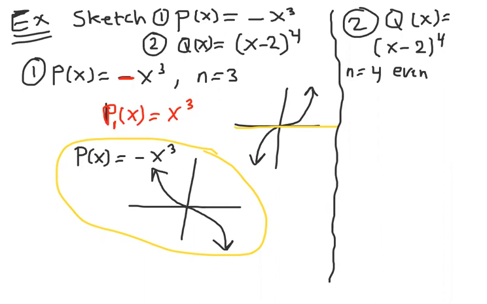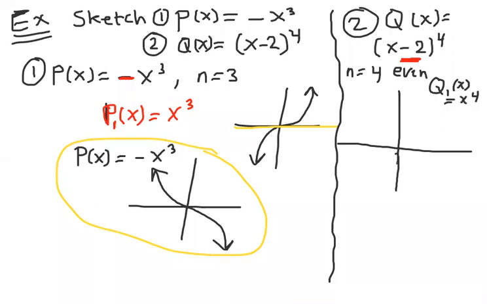So here it will look like a cup, but because we have minus 2 inside, we have to shift it 2 units to the right, from previous sections. For example, q1, I will change the name of the function, equals x to the 4.